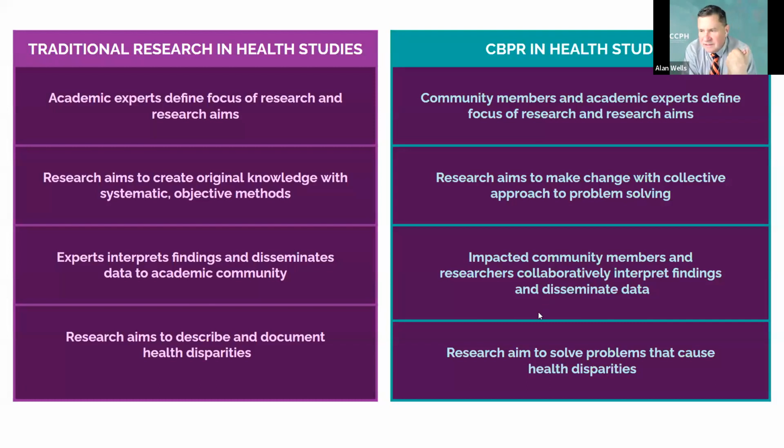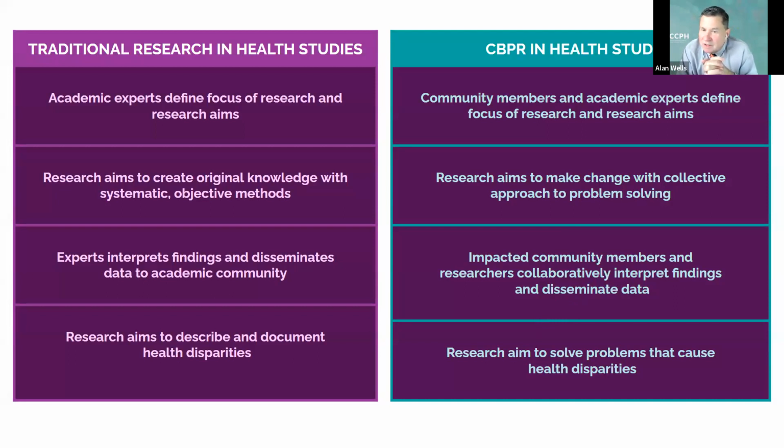If you look at traditional empirical research and compare it with community-based research in health studies, it is strikingly different from objective empirical design in many ways. For example, in traditional health studies, academic experts defined the focus of the research and its aims.